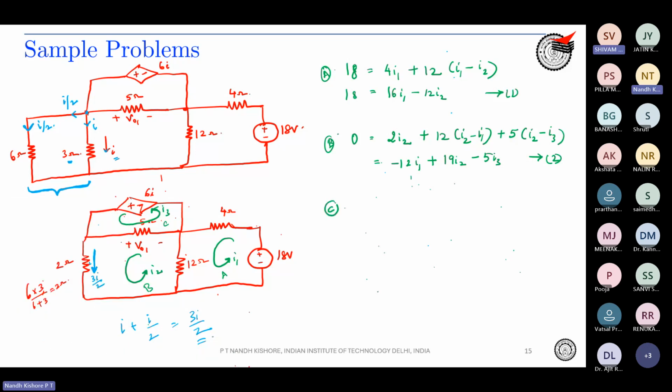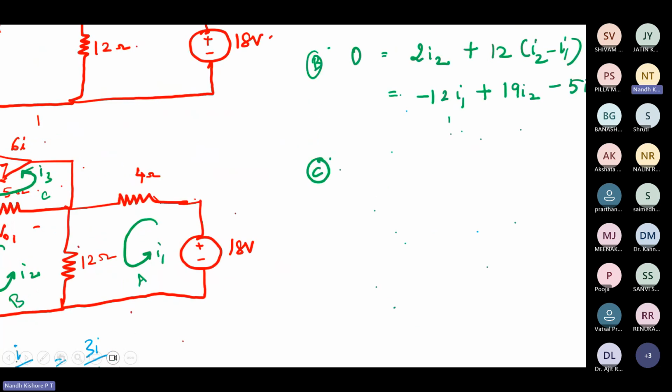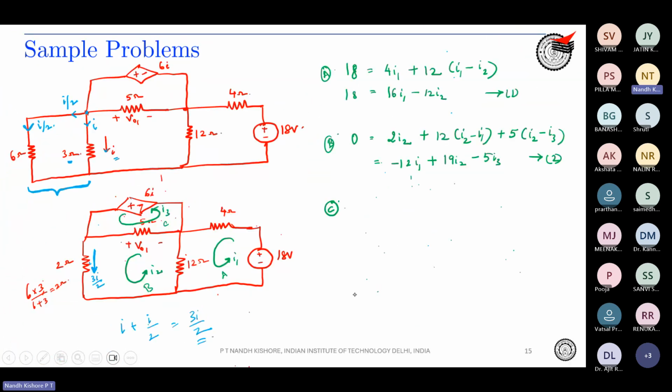Sir, can I replace I2 by 3I by 2? Yes, you can do that. We will be doing that anyway. Just hang on. So in mesh C, you are having a voltage source 6I, right?